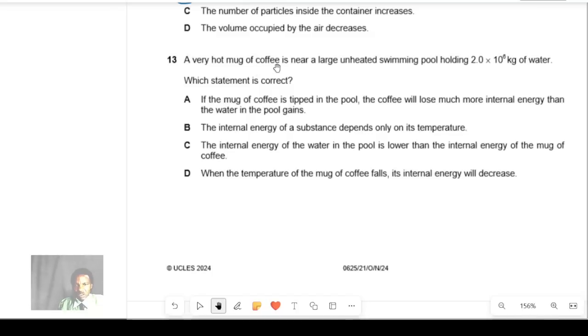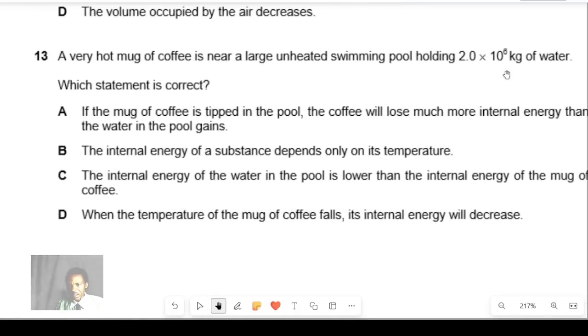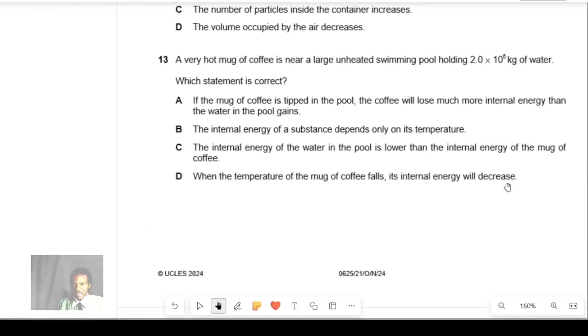A hot mug of coffee near a large unheated swimming pool holding 2 times 10 raised to the power 6, so that means 2 million kg of water.